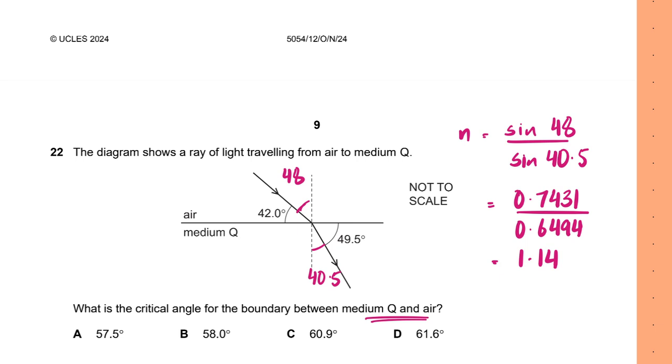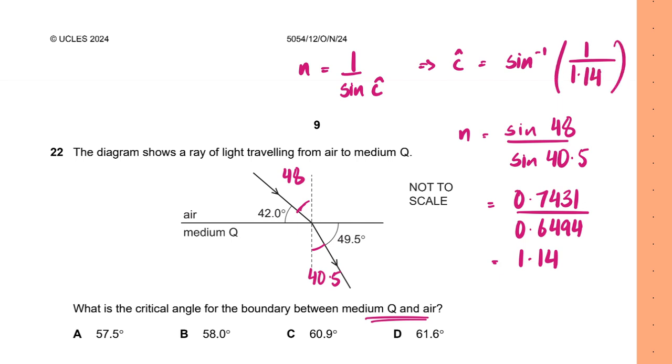So that would be n equals 1 over sine c. So the critical angle would then be the sine inverse of 1 over n. So sine inverse of 1 over this thing. And let's see what that is. So 1 divided by 1.14, and then sine inverse of this, which should turn out to be option C.